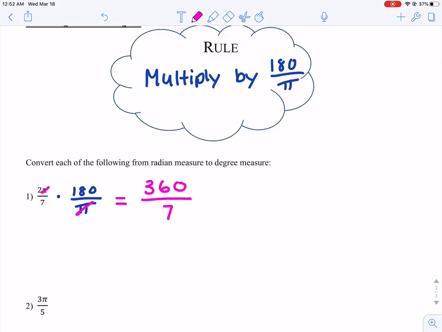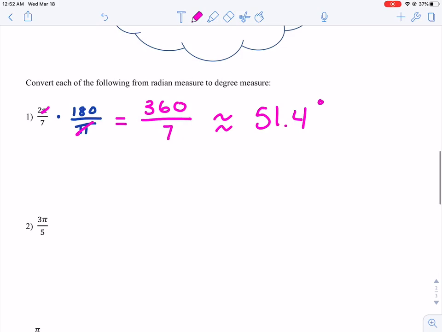I do get a crazy decimal for this one. That is okay. Let's round it to the nearest tenth. So it is approximately 51.4 degrees. All right, let's continue. I'm going to take this next one. Again, same idea.